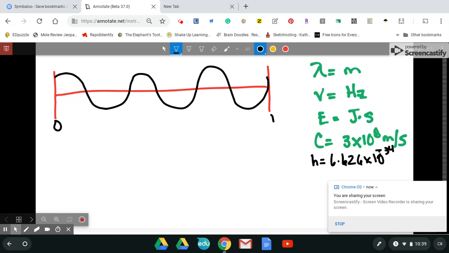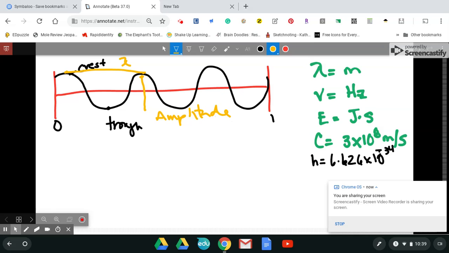This is the crest of the wave, this is the trough of the wave, and from here to here is the wavelength. And from here to here is the amplitude.